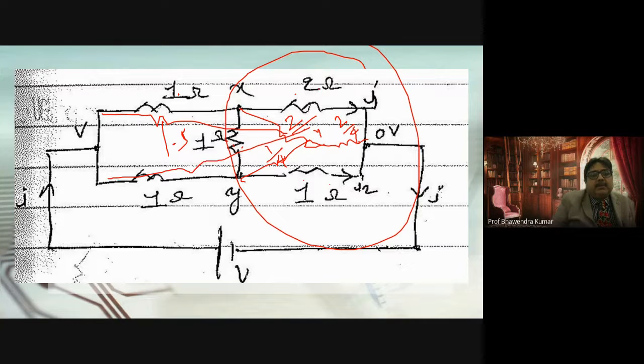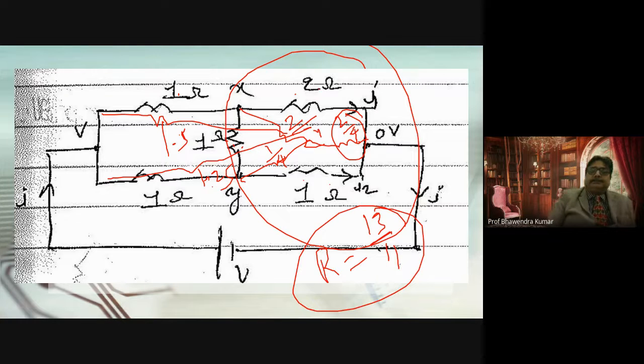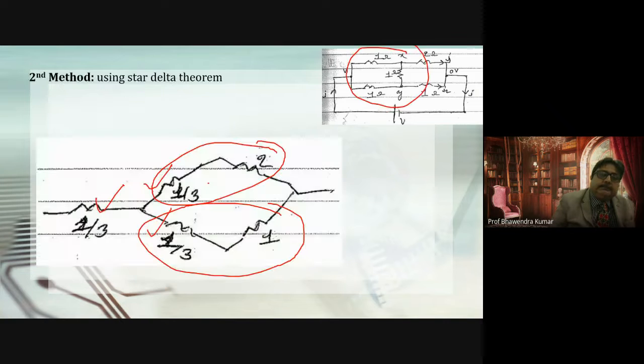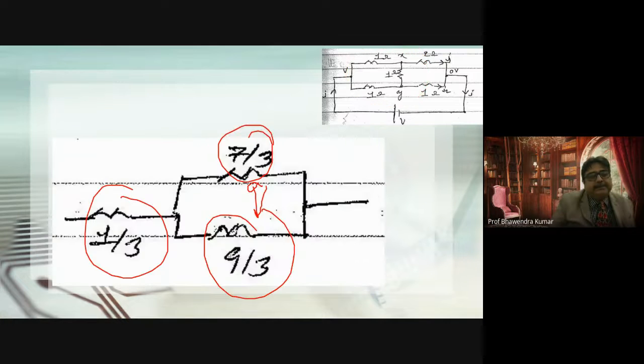This will be 1.25. And that will be 0.5 here. 1.5 and 1.25 in parallel. That will be in series with 1 by 2. That will be 13 by 11. Okay, do you understand?